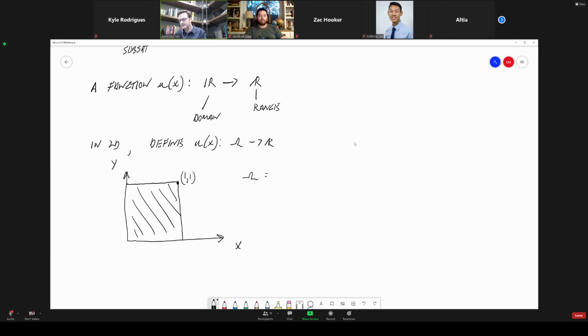Our domain is equal to 0 to 1. Actually, no, let's not call this y. Let's call both of these x. So we get 0 to 1, x, 0 to 1. So this is forced to be [0,1] squared.